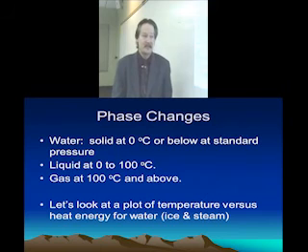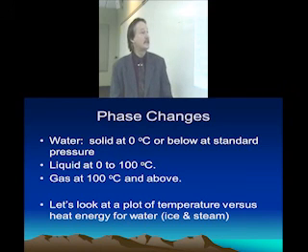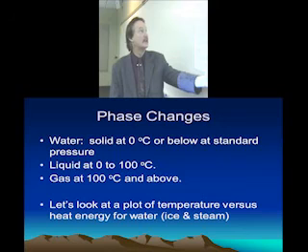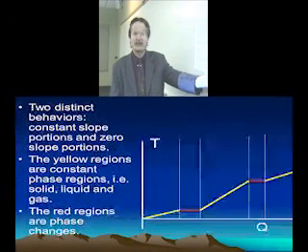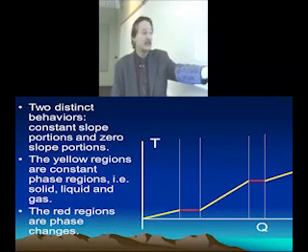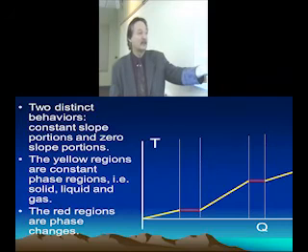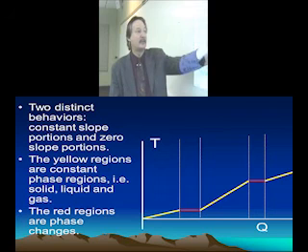In this graph, you can see that we are starting with water down here in an ice state, actually below zero. In other words, even though there's no number shown on this graph, right here on the temperature axis would be 0 degrees Celsius. And right about here would be 100 degrees Celsius.